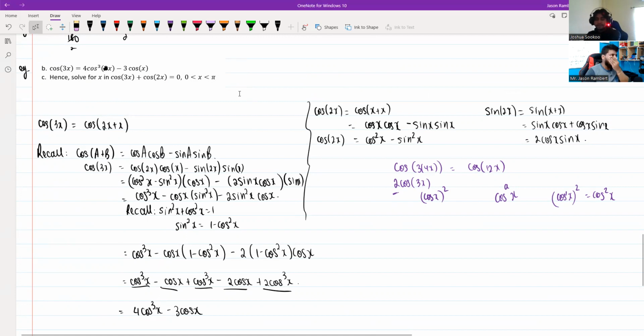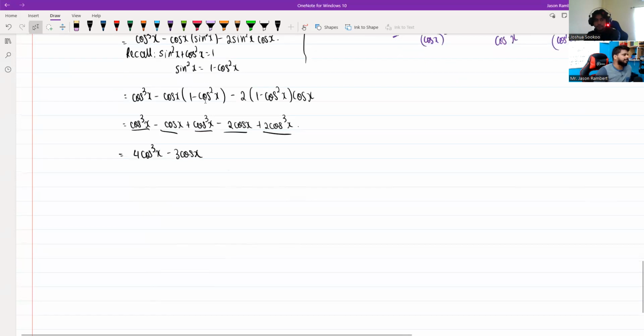So let me go. This is part 2. Cos 3x plus cos 2x is equal to 0, for 0 is less than x is less than pi.